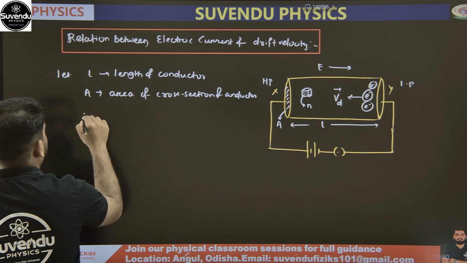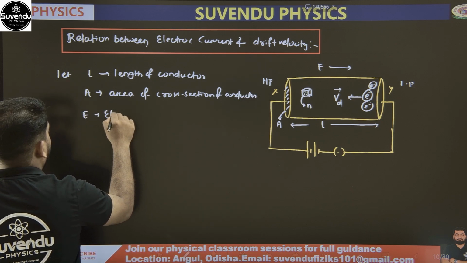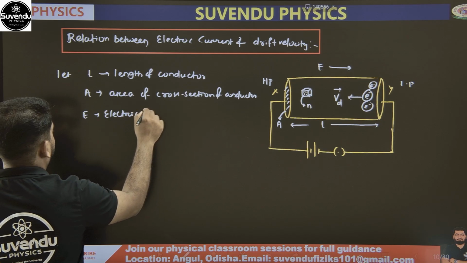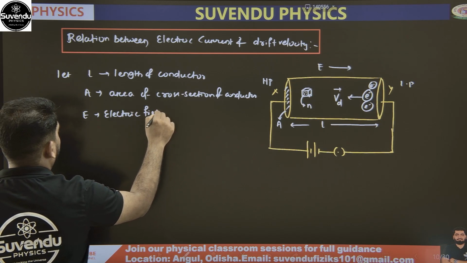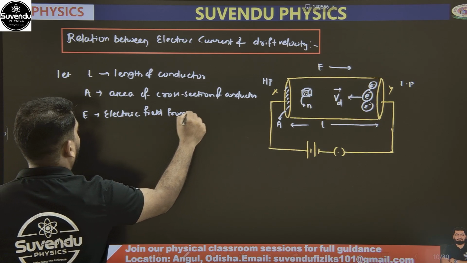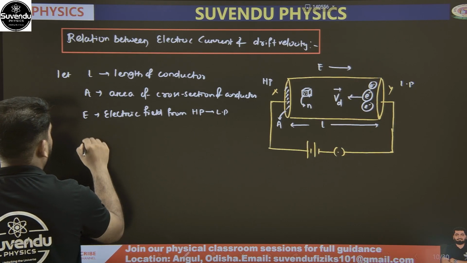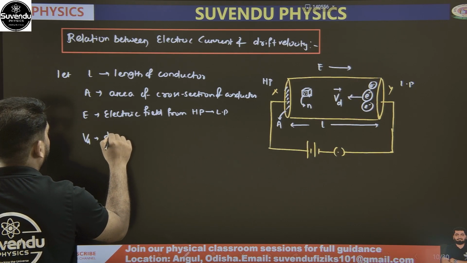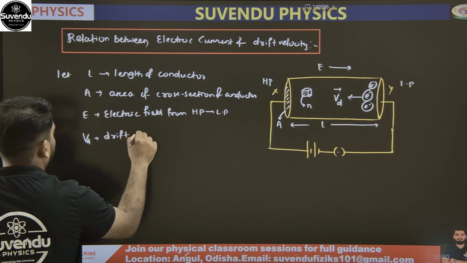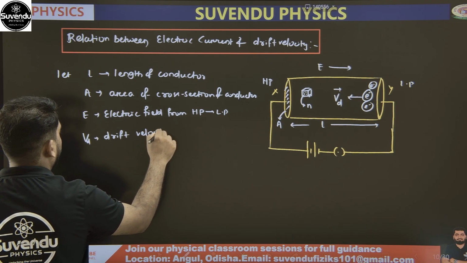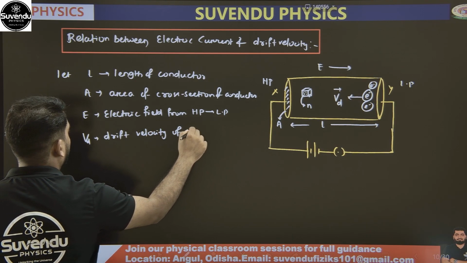Next is the electric field from higher potential to lower potential, and Vd the drift velocity of all electrons.